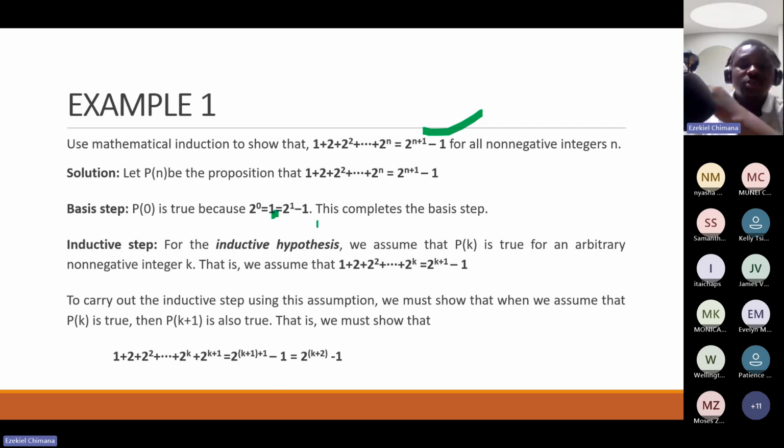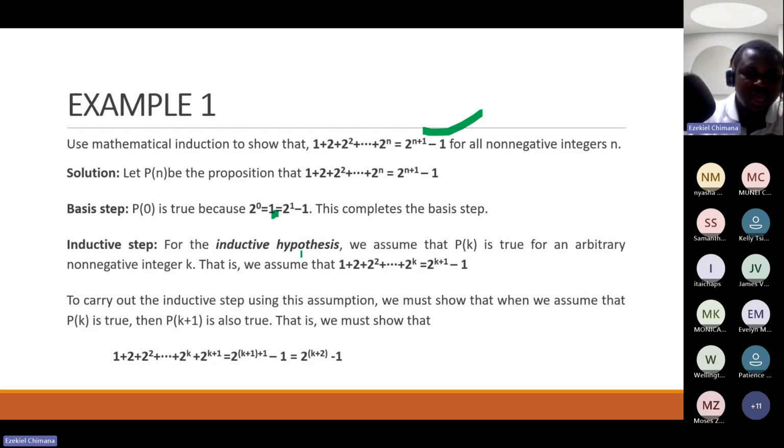A 1. So since the left-hand side and the right-hand side are equal, it means on the basis step, P of n is true. And then you need to go on to the hypothesis step before doing the inductive step.